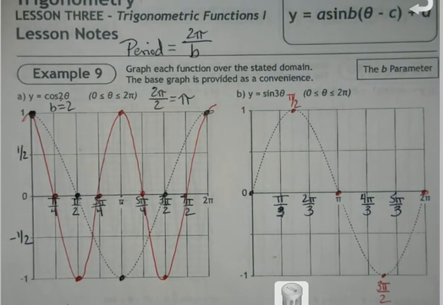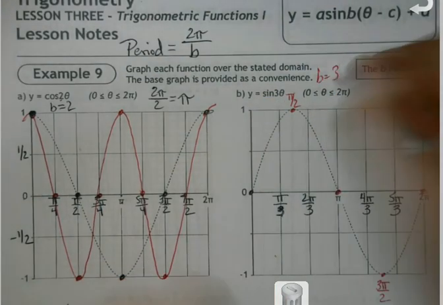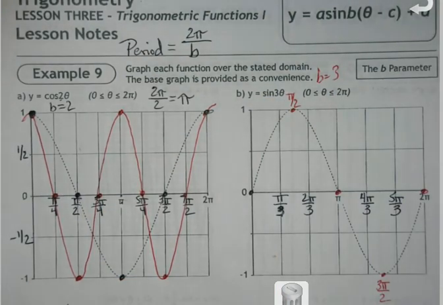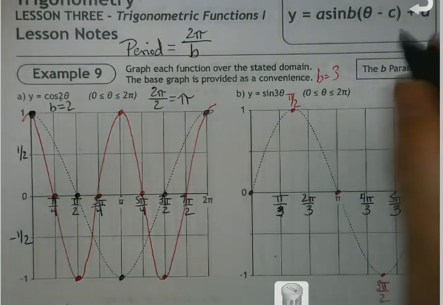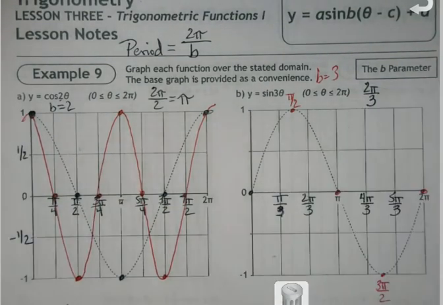Because I look and I say, okay, how's this going to work this time? My b value is 3. So if my b value is 3, what am I going to do? Well, I'm going to take 2 pi and divide it by 3. You're like, wait a minute, that doesn't simplify anymore. That's okay.